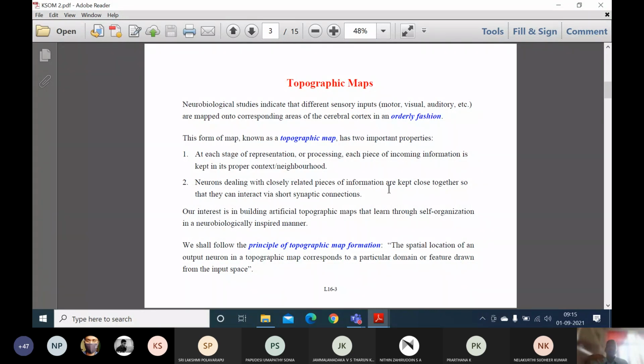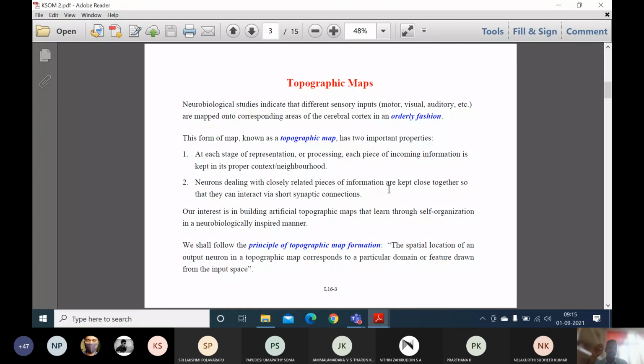Neurons dealing with closely related pieces of information. That is, from scene number 1 to scene number 2, I am trying to move my concentration from one position to the other. There may be some disconnect between the information of scene number 1 and scene number 2, or there may be some connectivity between them.